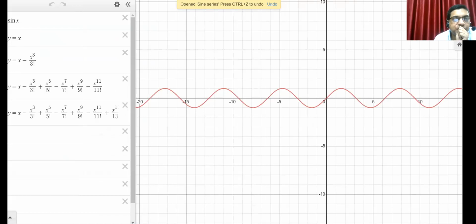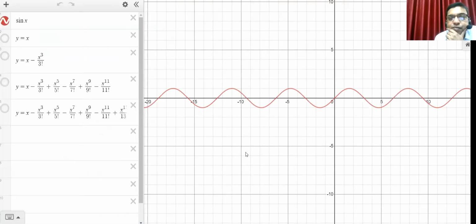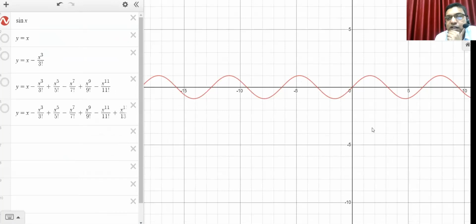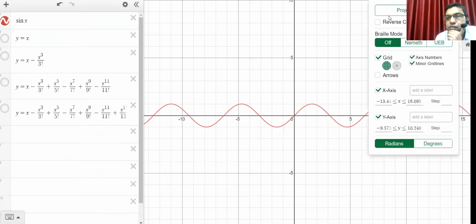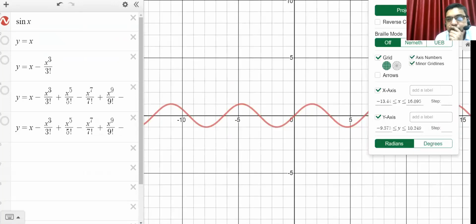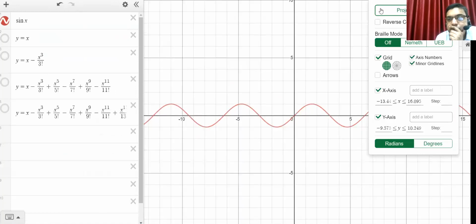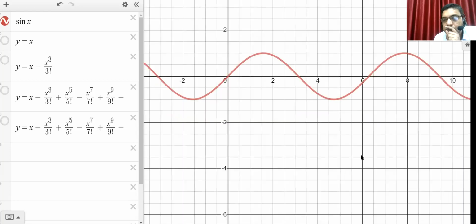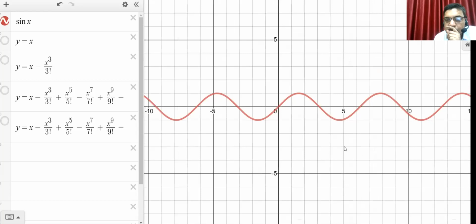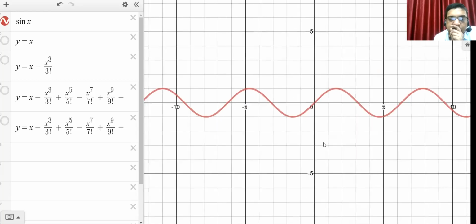So now you are able to see the full graph. We know that this is the graph of the sine function. I'll put it in projector mode. So this is the graph of a sine function.